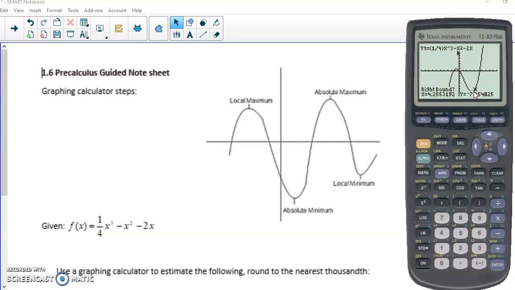And as long as we're on the right side, we can press enter. And we're going to enter through guess to find our minimum. So we see that this point here is the point approximately 3.4, -8.5.